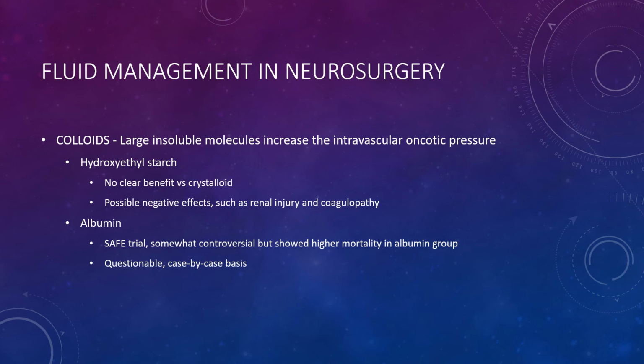There was a large trial called the SAFE trial, which showed higher mortality in the albumin group in neurosurgery patients, although it was somewhat controversial. Basically, albumin use is questionable in neurosurgery and should be taken on a case-by-case basis.